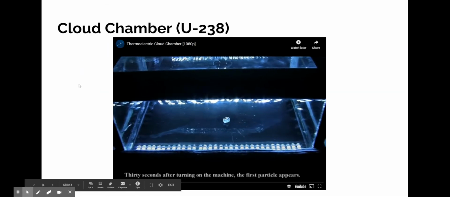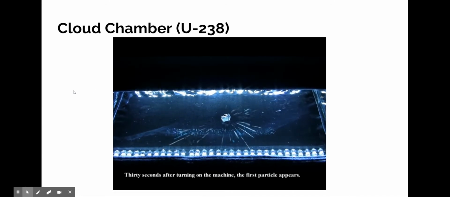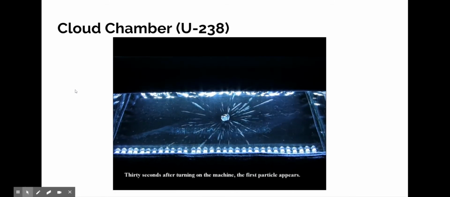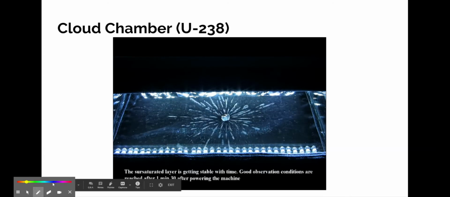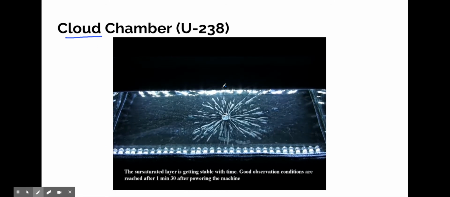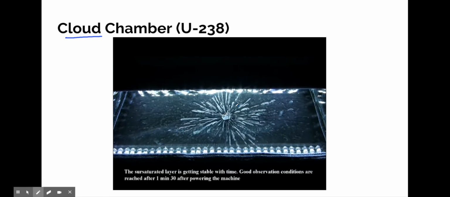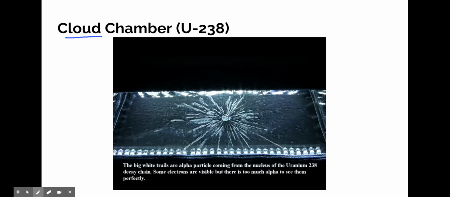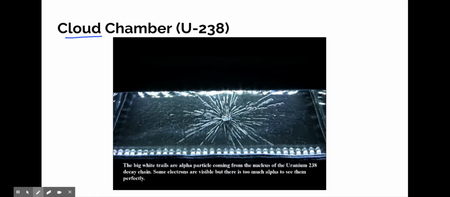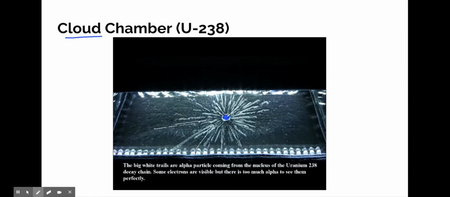One of the ways that we see or visualize particles is by putting particles into something like a cloud chamber, for example. And there's other examples, and you can read about particle physics and how we can visualize or see particles when they are not large enough to be seen with the naked eye. And in this case, what's happening here is we have a sample of uranium-238 right in the middle here.